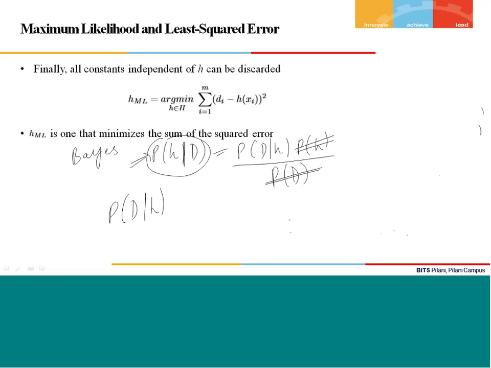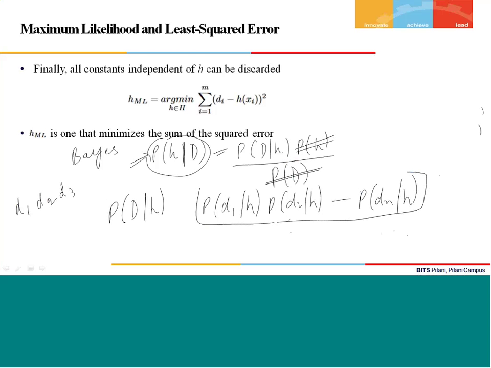I said that my data is nothing but D1, D2, D3, right? Because of mutual independence, this data was broken into this expression: P(D1|h), P(D2|h), up to, let's say, P(Dn|h) if there are n points.